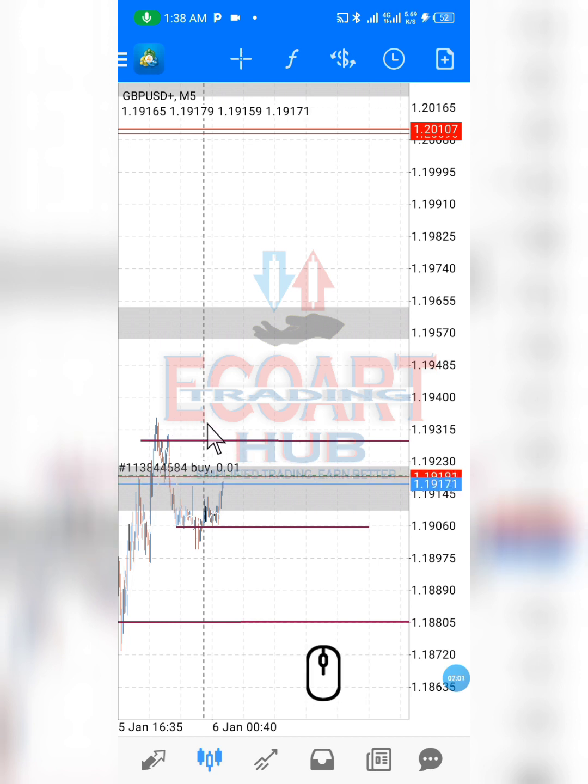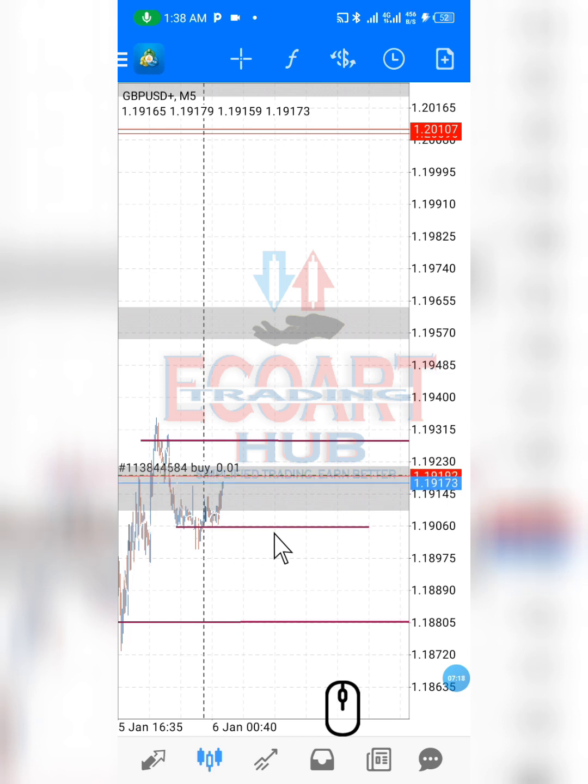This is the place where we might have a possible rejection, and our stop loss is supposed to be below this point. Remember, we're just doing a back testing.